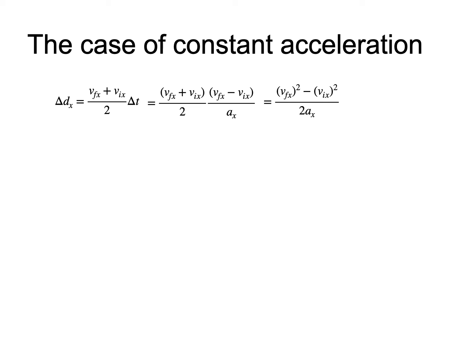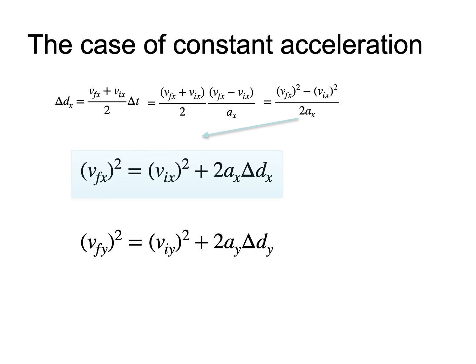Isolating for the square of Vfx gives our last equation for the kinematics of motion with constant acceleration. This little bit of algebra could just as well have been done with the y components and would have led to this equation. And similarly for the z component.